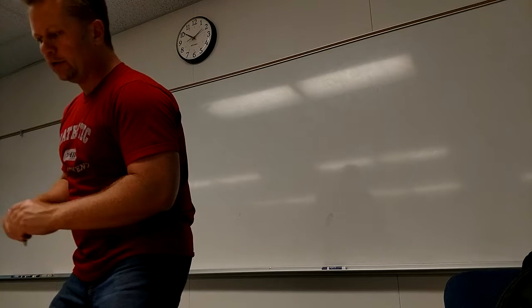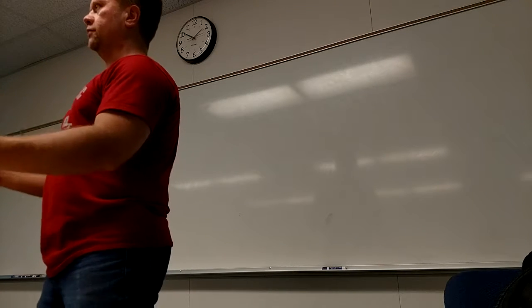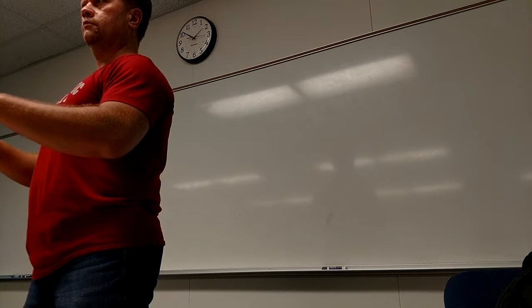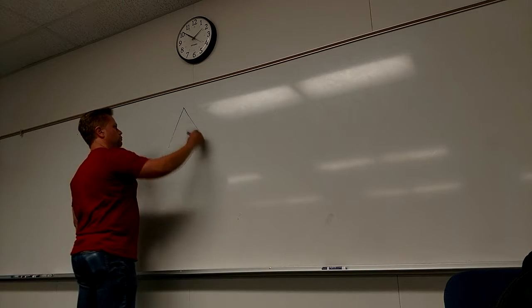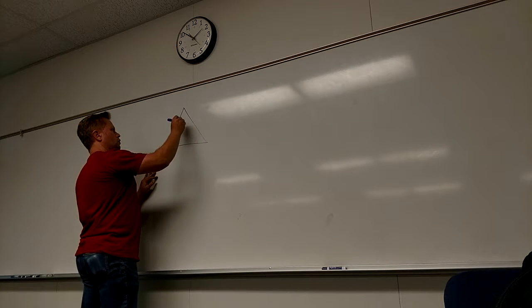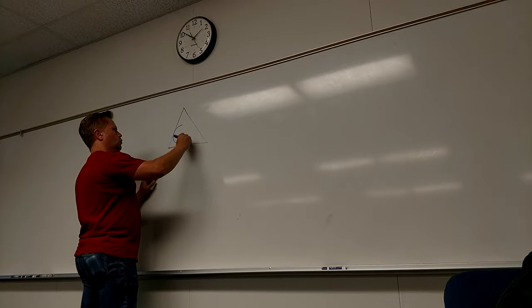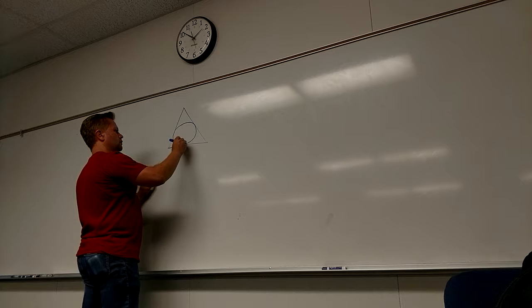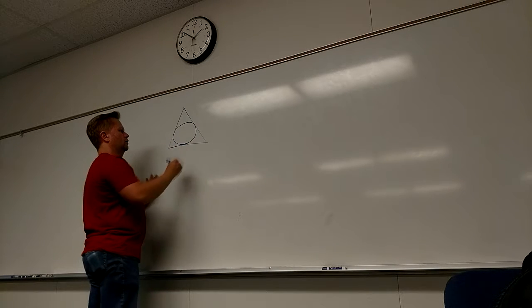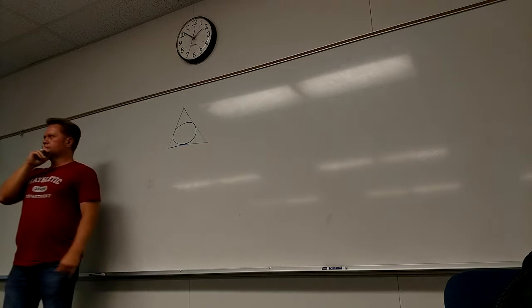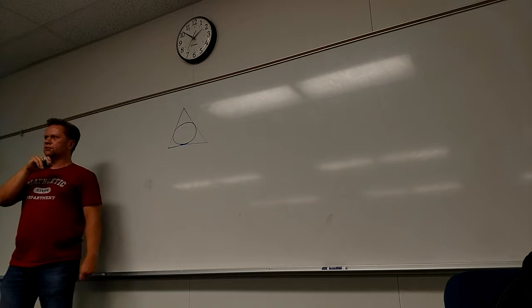So this triangle is circumscribed about the circle. So it's going to look like this. There. Give him a little beard. It'll fit there. Bearded circle triangle.